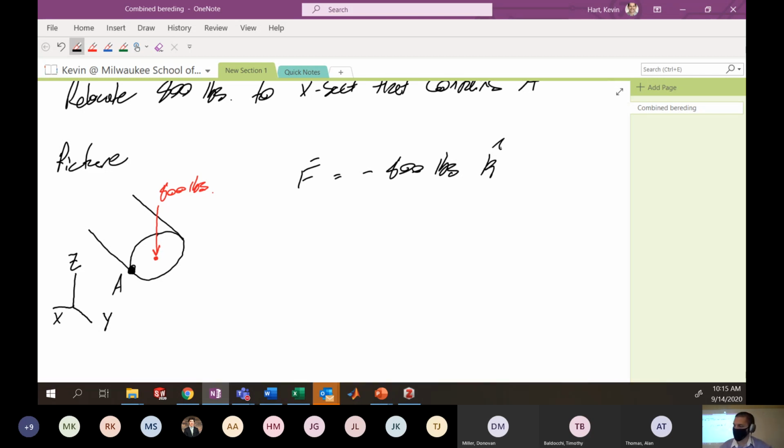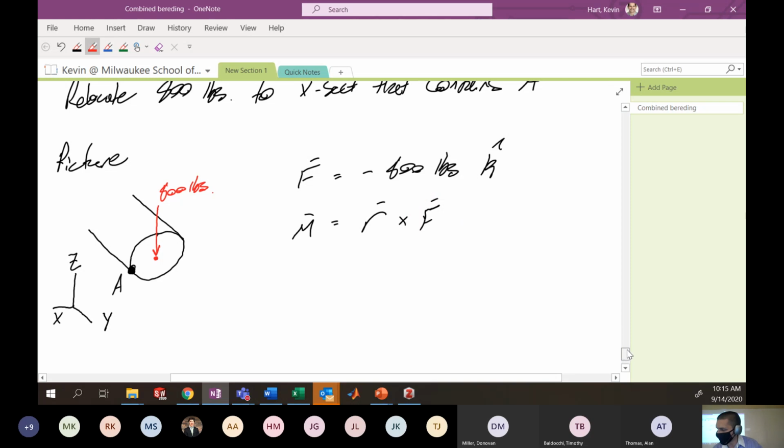Now the resultant moment that exists is gotten by your typical statics methods, which is r cross f. This is how we're going to calculate the moment that results in this particular cross-section. So f, that's pretty obvious. This is the force that I just defined at negative 800 pounds in k hat.